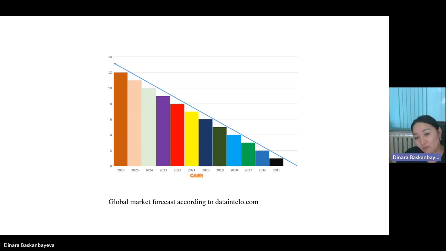Therefore, the processing of recycled glass, now accumulated by the domestic industry, can be a source of raw materials for the production of silicate blocks with a given cost at the level of 28 to 30,000 tenge per ton.